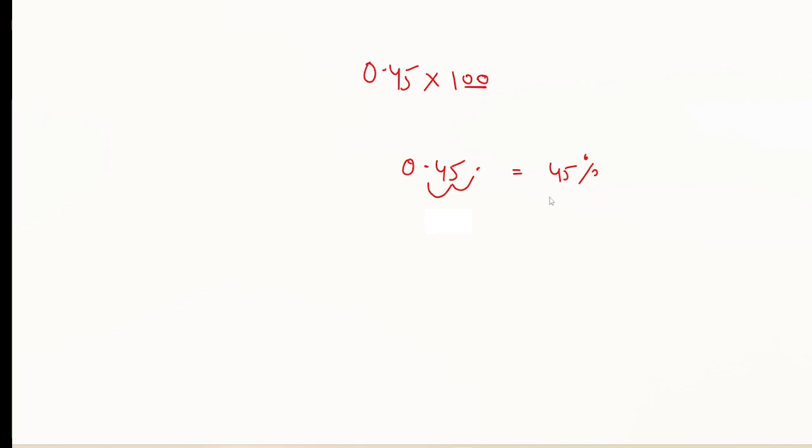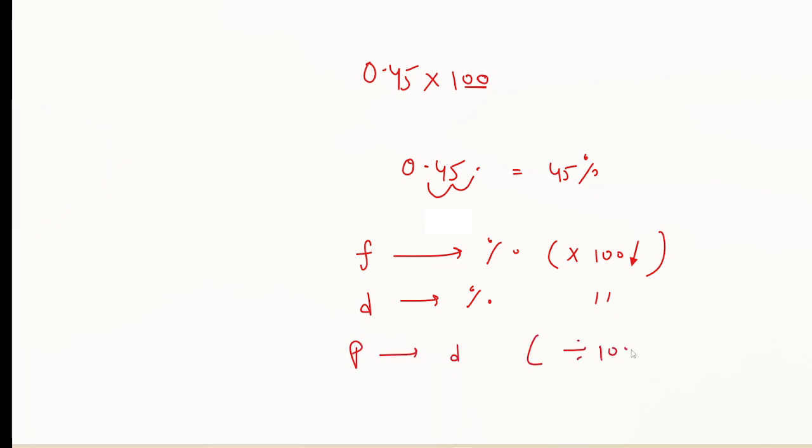That's how we convert it. So when converting a fraction into a percentage, we multiply it with 100. When converting a decimal into a percentage, again we multiply it with 100. But when we are converting a percentage into a decimal, we divide it by 100.